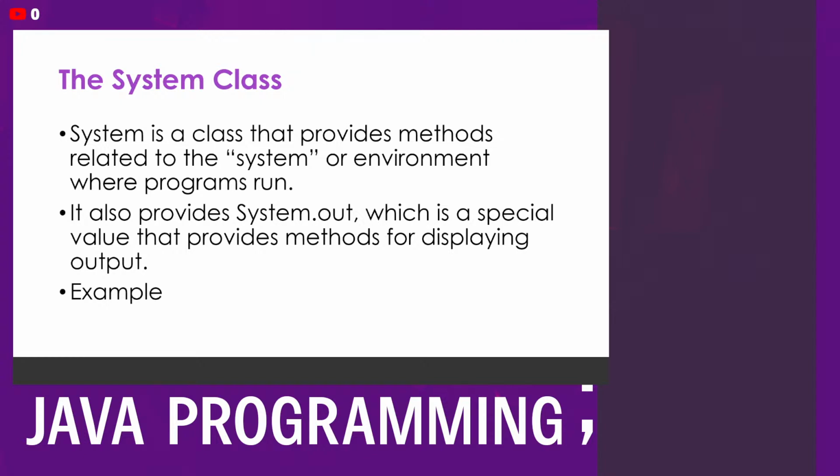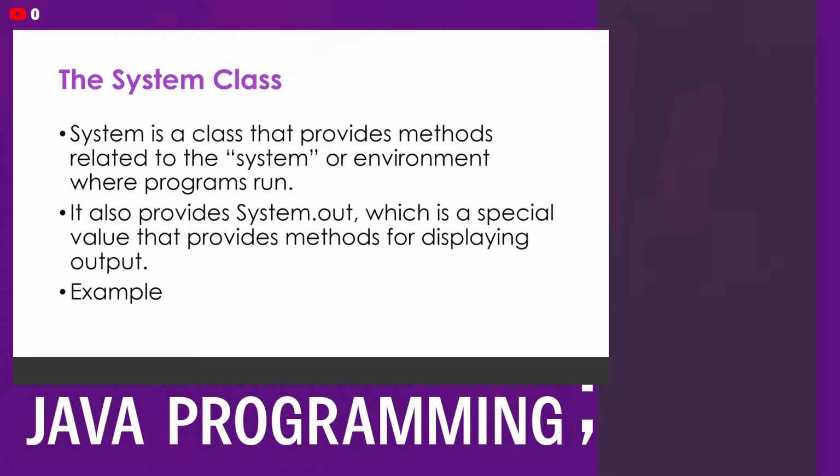The game exists in a world and you exist in a world. We exist in the real world, the game exists in the game world. Similarly, the system class in Java exists in the Java world, or basically the interpreter or whatever environment your program runs in.